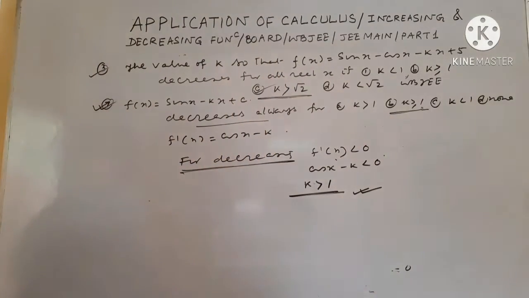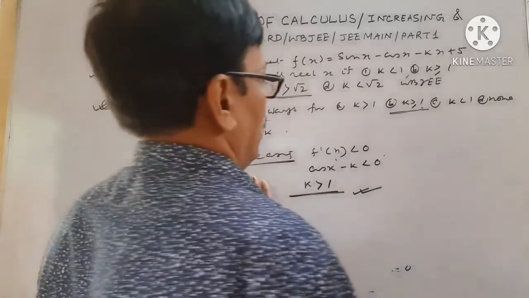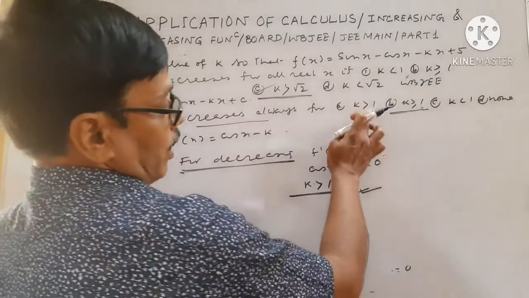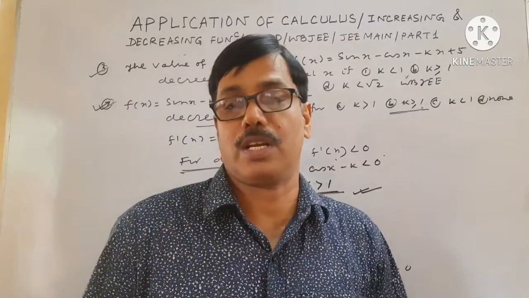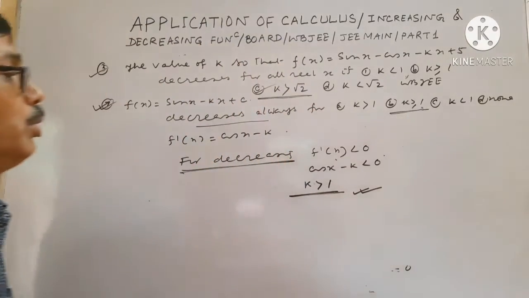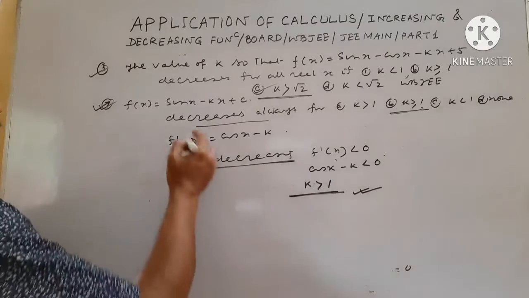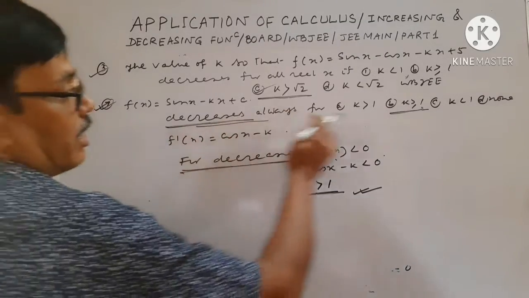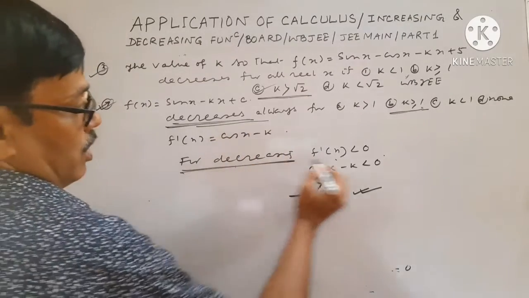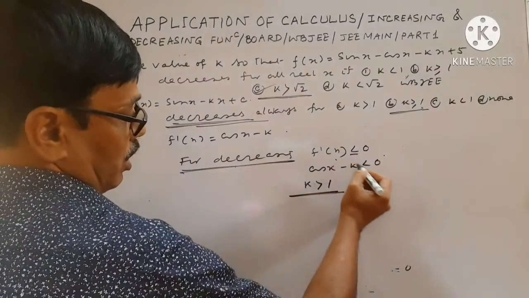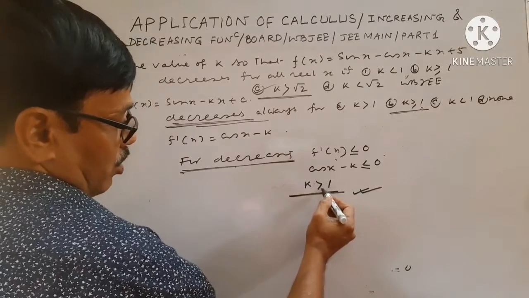So look, if it is given for decreasing only, and both options, greater than and greater than or equal to, are given, then you have to look at the language. Since greater than is also given, for decreasing we use less than or equal to 0.